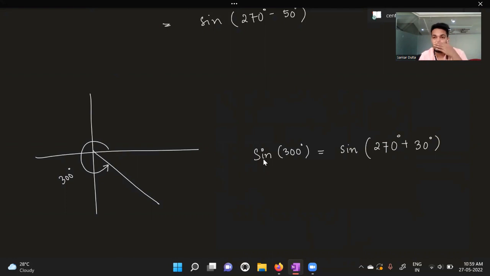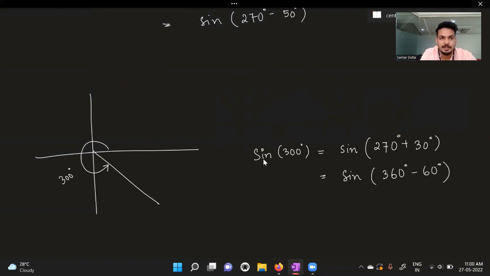Again, very simple step. You have to express the angle in terms of 90 degrees, 180 degrees, 270 degrees, 360 degrees, or anything along these lines, okay? Because these are the angles of the axes. So I can also write this as 360 minus 60 degrees.